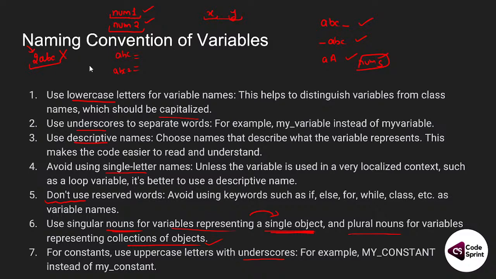These are the terms you can use, and these are different ones. Now I will write some variable names, and you need to tell whether each variable name is correct or not. And one more thing, special characters will not be a part of a variable name.